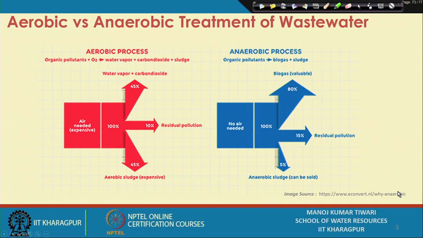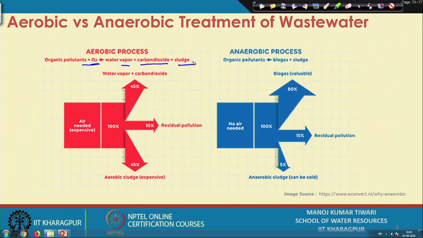Now, before we go into the detail, let us look at how they differ from aerobic systems, and why we say the end product is different. In aerobic processes, we typically have the organic pollutant and oxygen converting to water vapor, carbon dioxide and sludge.